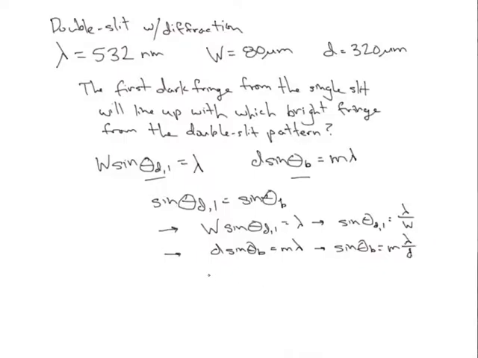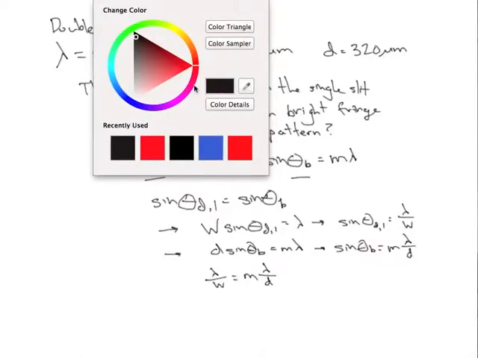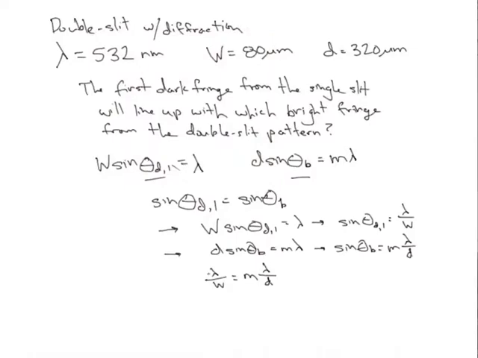So now we can set those two equal to one another. Lambda over W is equal to m lambda over d. And the wavelengths cancel out because they're equal to one another.